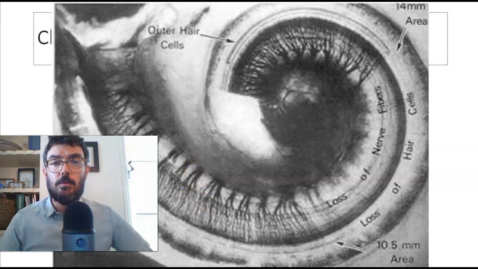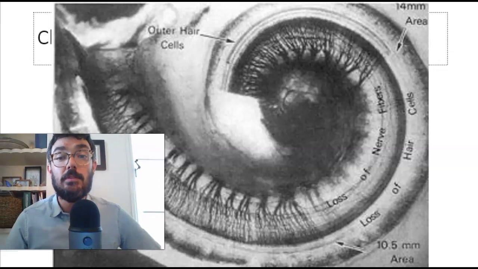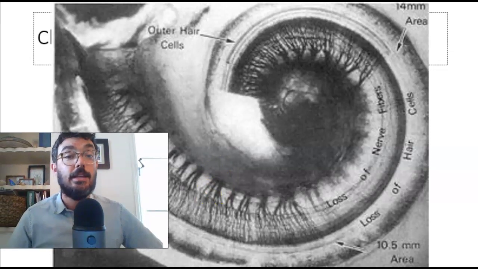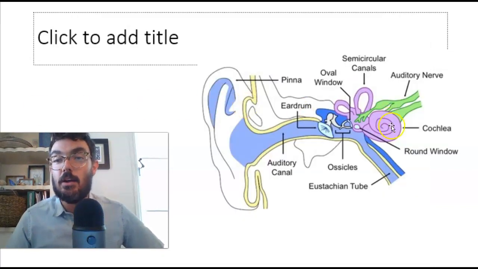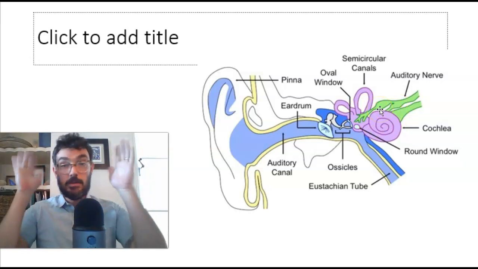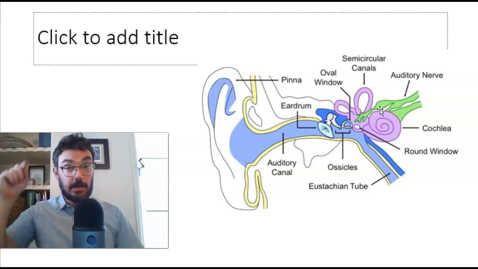And so that's the basics of how these different wavelengths are interpreted by the hair cells. Now, what happens after the hair cells are stimulated is that all of those hair cells send a signal to this giant nerve called the auditory nerve, carrying all the information from all the different types of hair cells up to the brain.